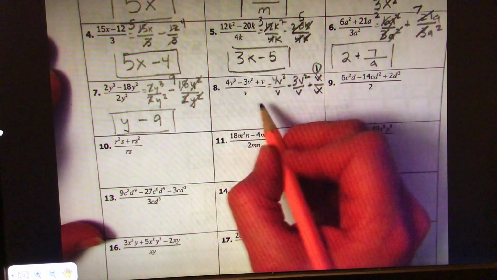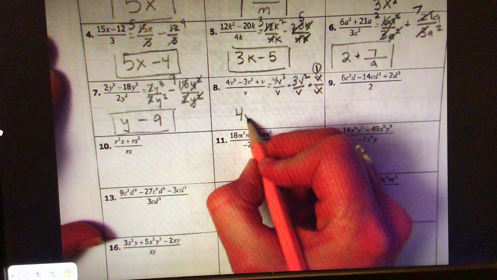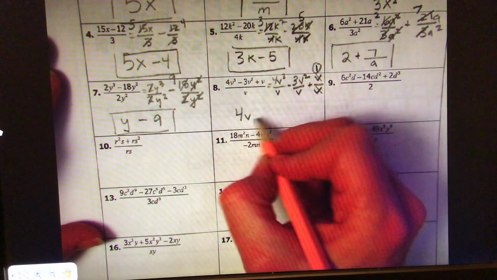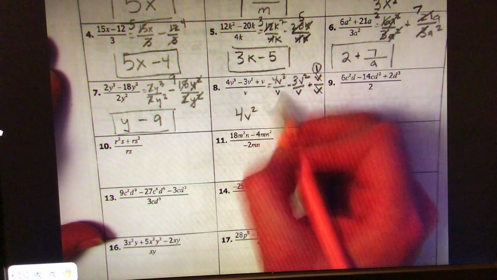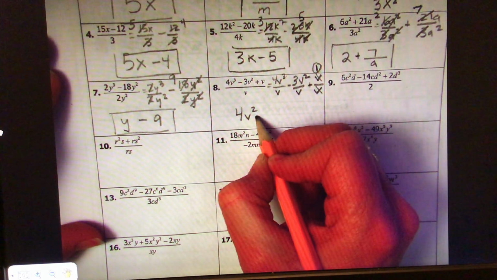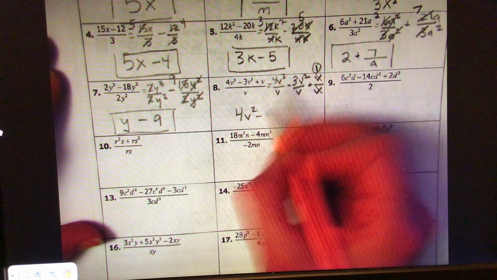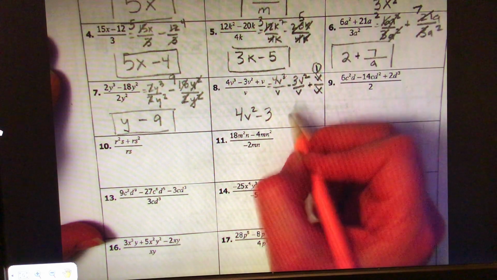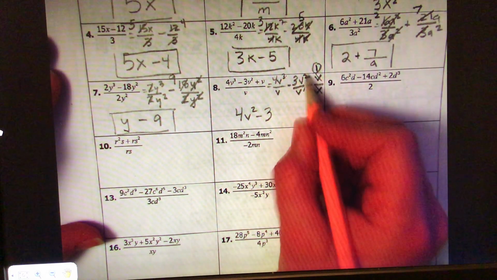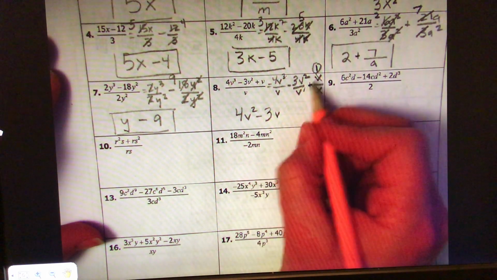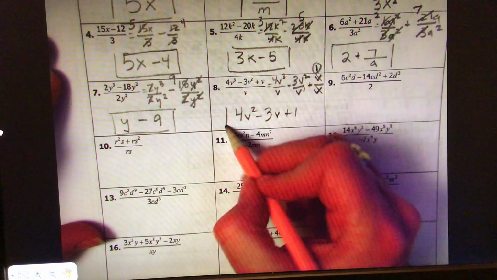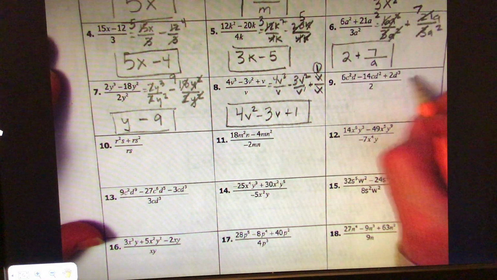And then I have 4b squared, 3 minus, hold on to the 3, b squared minus, got a 1 here, which is just going to be b, plus my constant right there, 1.